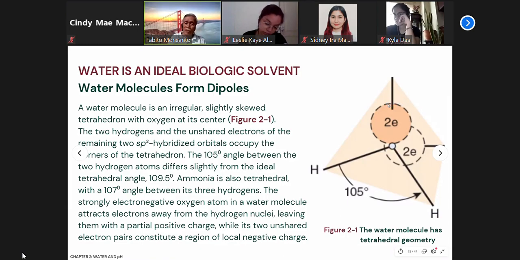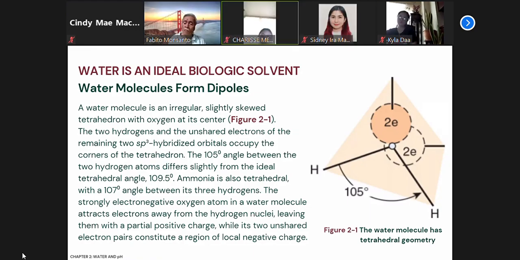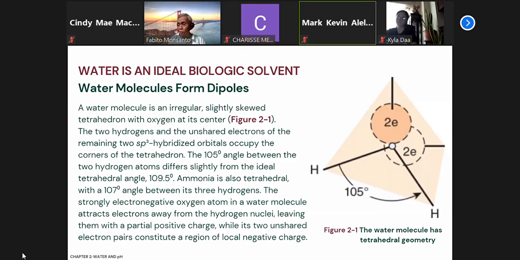You know what's a tetrahedron? What structure comes to your mind when you say tetrahedron? Pyramid. A very good example is the pyramid of Egypt. That's a tetrahedron.